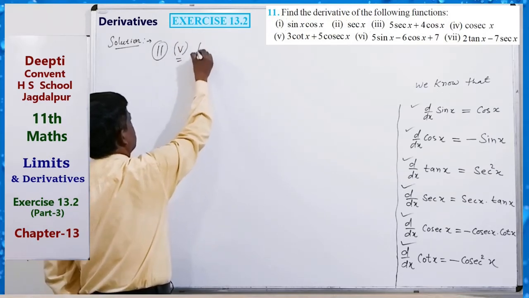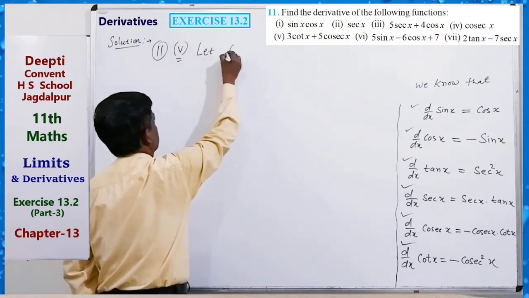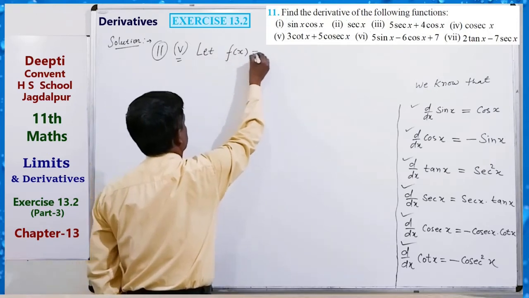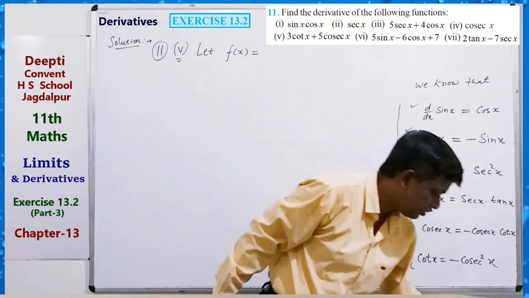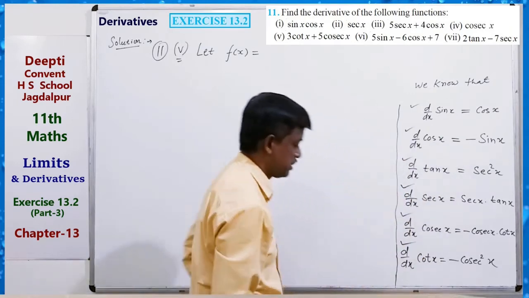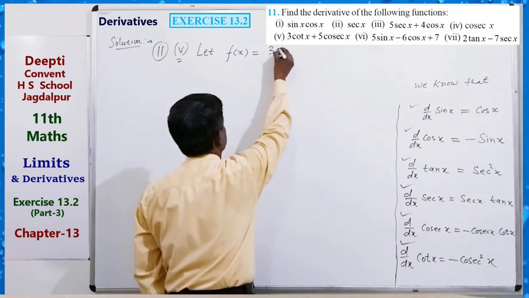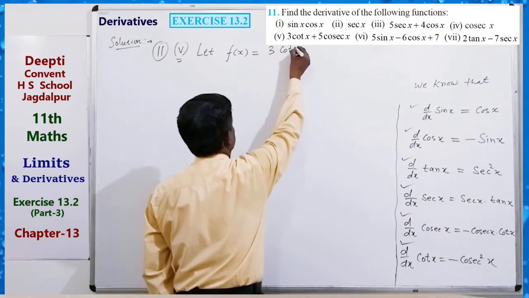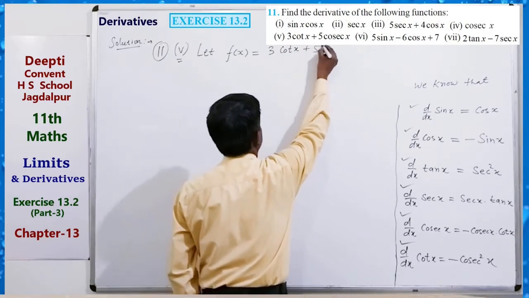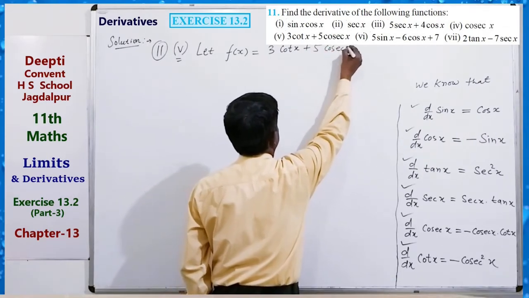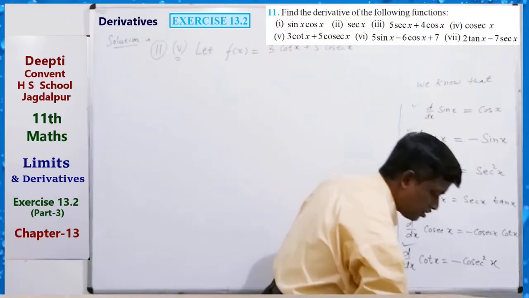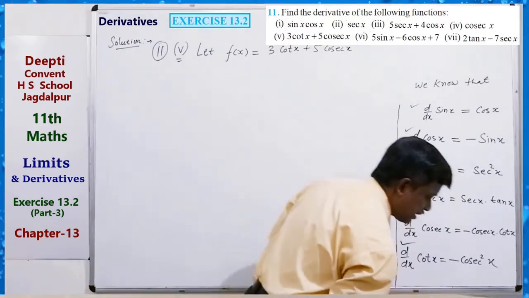Okay, so what is given? 3 cot x plus 5 cosec x.